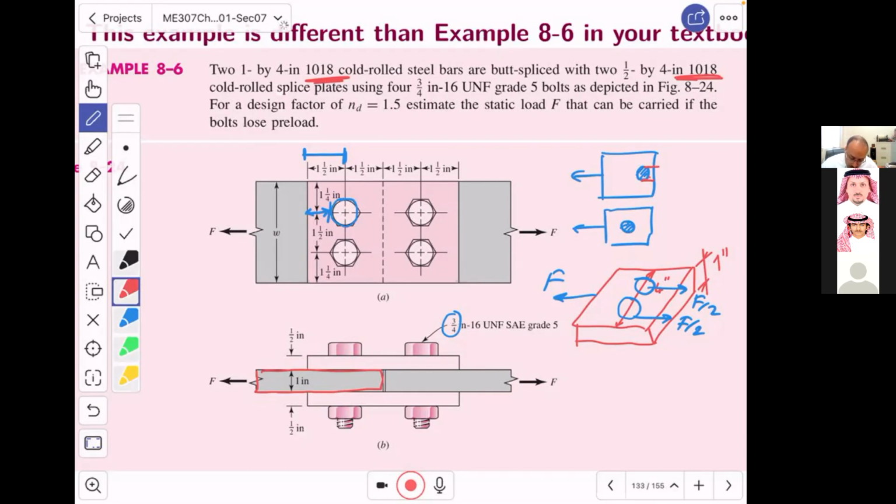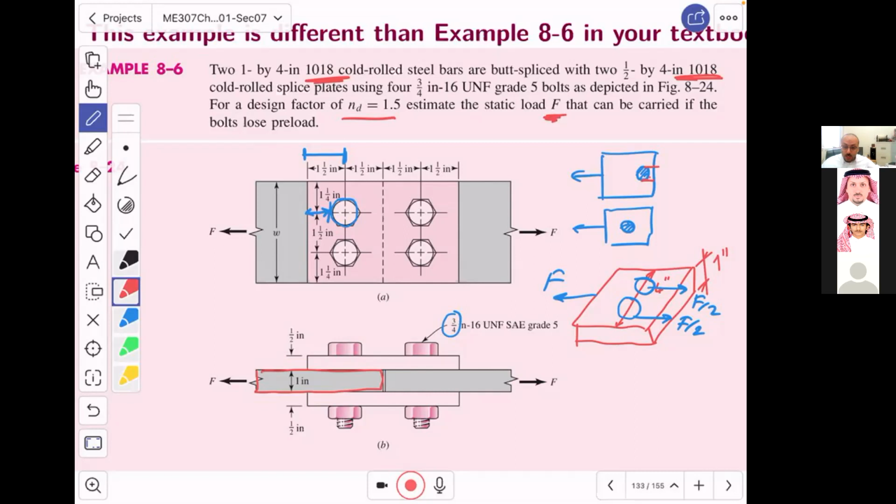Okay, now what does it say? It says that we want to design for a factor of 1.5 and to determine the static load F. Now our problem is, we need to know how much is F. Now this problem, okay, is tricky because the question itself says, what is the loading capacity? But this is the real life.